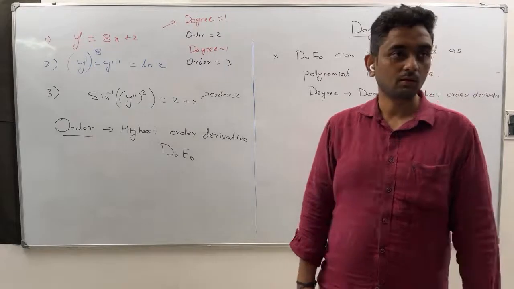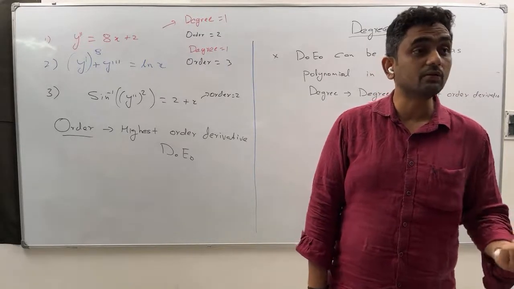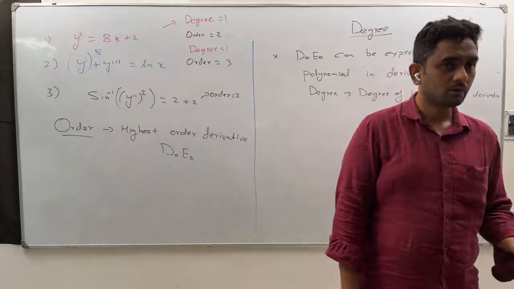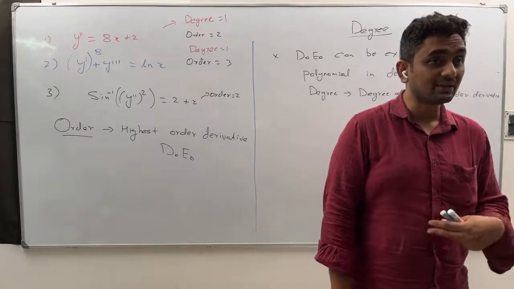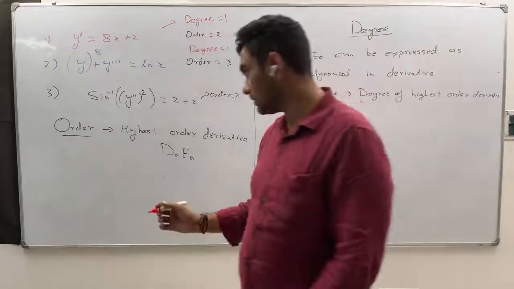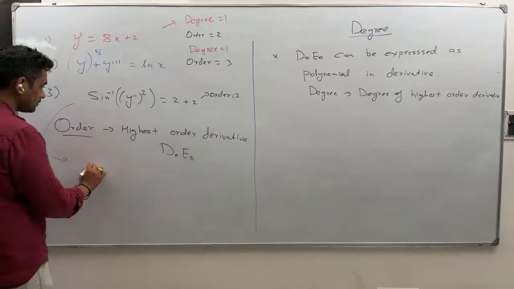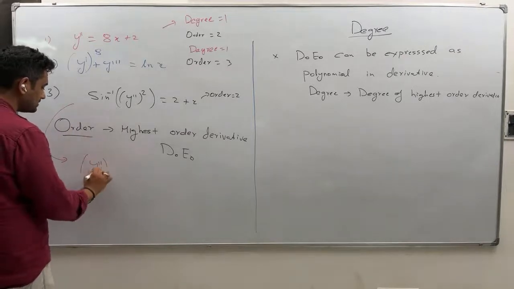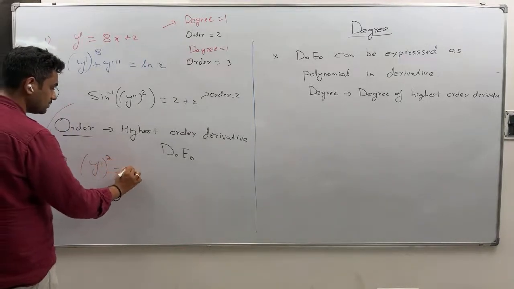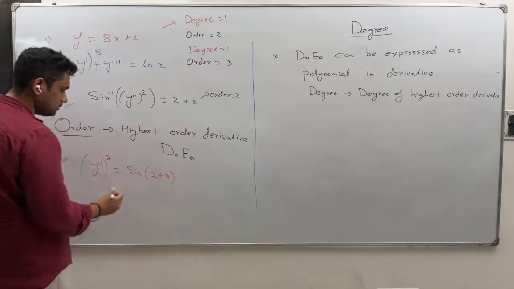What about the next one? Right now it is not a polynomial. It is sine inverse, and sine inverse is not a polynomial. So we have to see if we can convert it to a polynomial. We'll take sine on both the sides. This equation will come out as y double dash whole square equal to sine of 2 plus x.